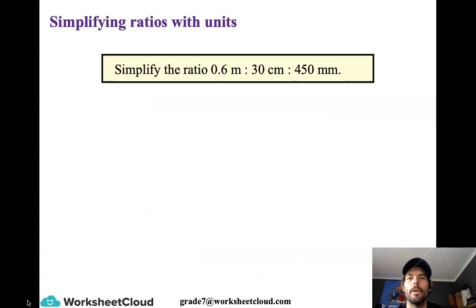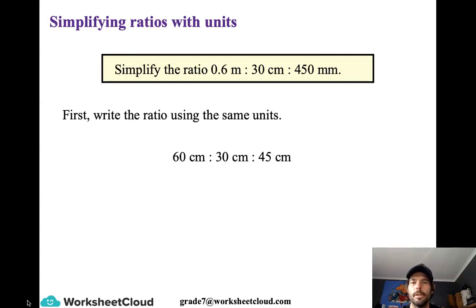Okay, so if I gave you 3 numbers, and here you can see one's in meters, 0.6 meters, one's in centimeters, 30 centimeters, and one's in millimeters, 450 millimeters. There's no way we can compare those 3 numbers as they are on the screen at the moment. So we need to convert them to the same units, and the easiest unit to convert them to is indeed centimeters.